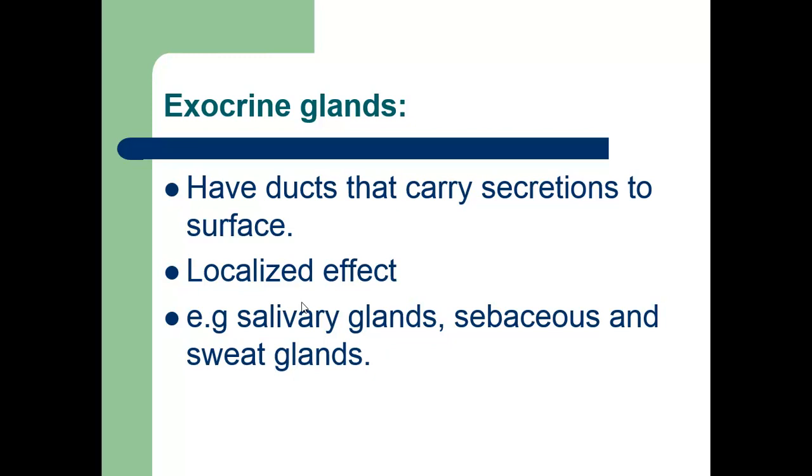Examples of exocrine glands include salivary glands, sebaceous glands, and sweat glands. We mentioned the pancreas, but the pancreas is peculiar because it contains mixed glands, both exocrine and endocrine.